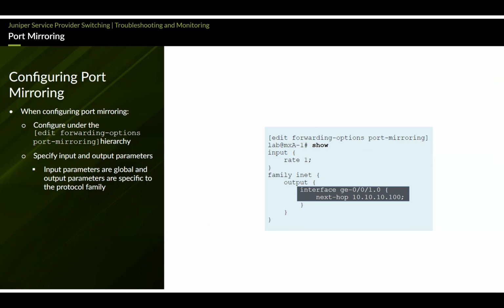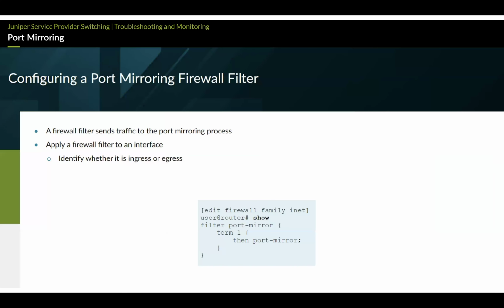So this is the sample configuration. Edit forwarding-options port-mirroring input, rate one, family inet, output. This is the output. Configuring port mirroring firewall filter: firewall family inet, filter port-mirror, term 1, then port-mirror is the sample configuration.